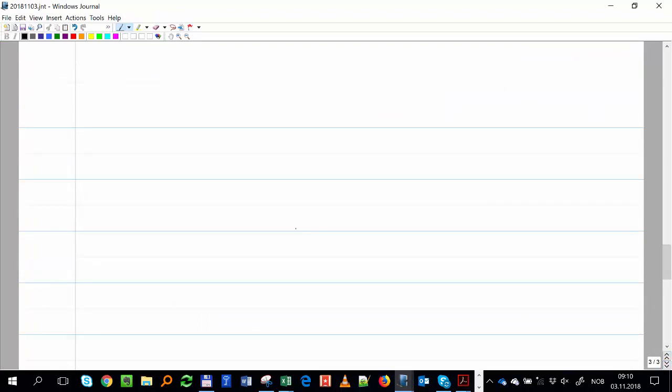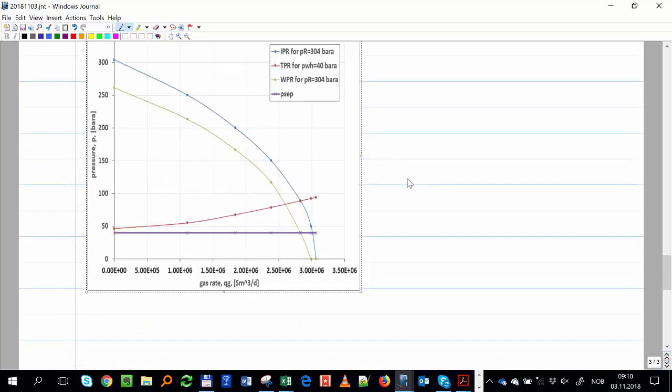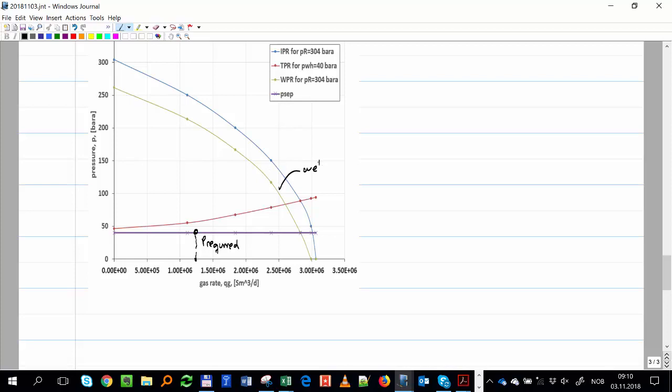I'm going to put it here. So this EVA, if I say I want a rate of 125, the pressure required, and here I'm making wellhead, that's wellhead equilibrium.